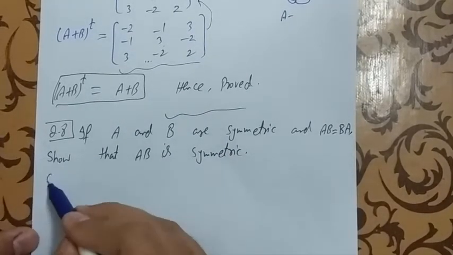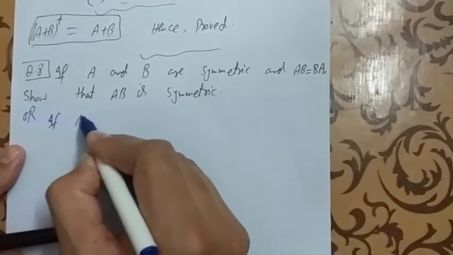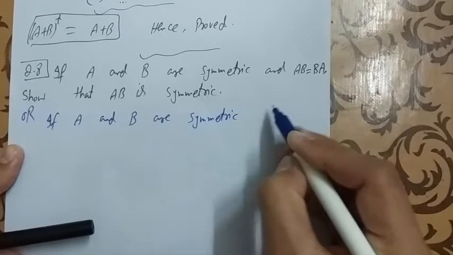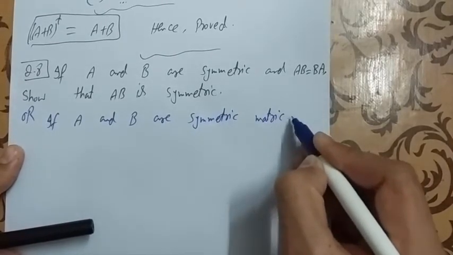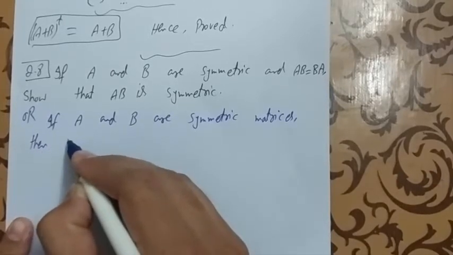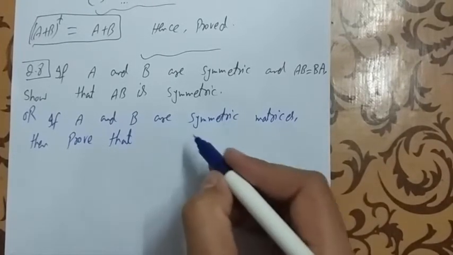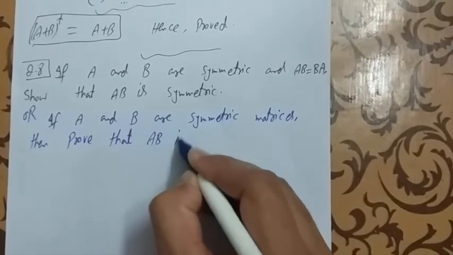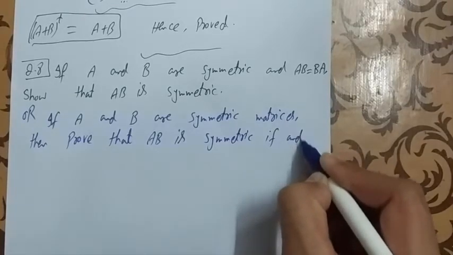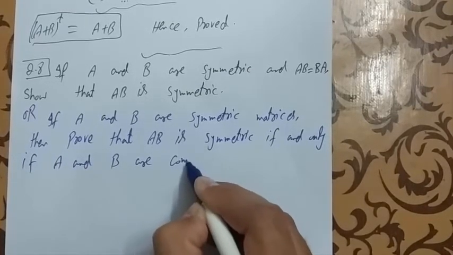Or students, the examiner may ask this question another way: if A and B are symmetric matrices, then prove that AB is symmetric if and only if A and B commute.